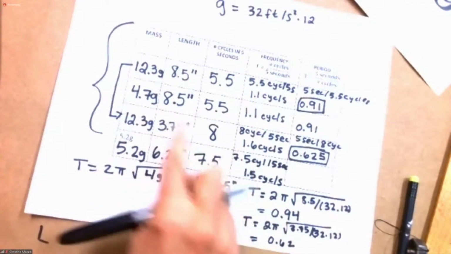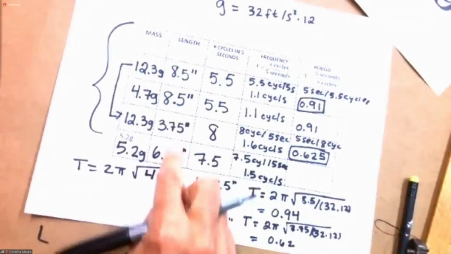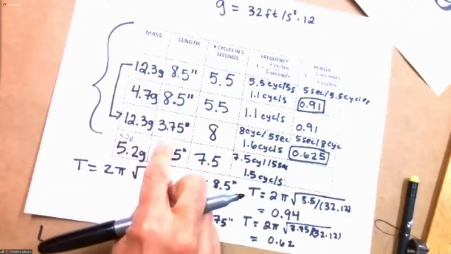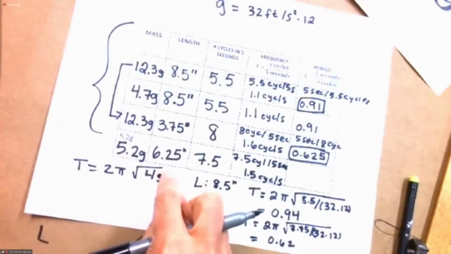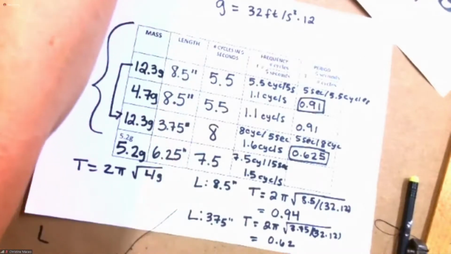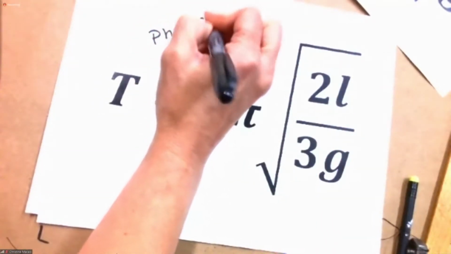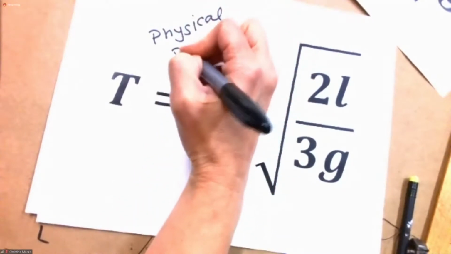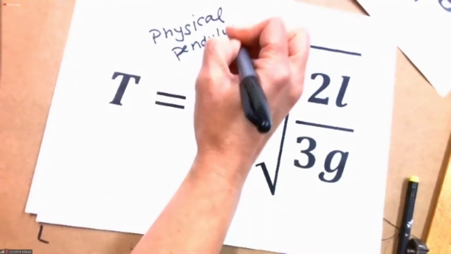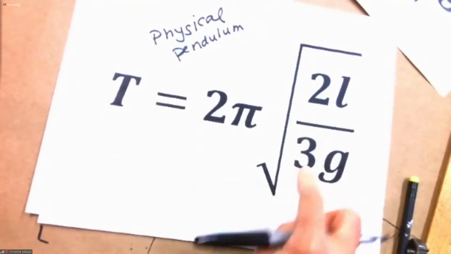And so I can see here that this probably does not follow the same rules as the bob pendulum that we looked at first. There's got to be something going on in here with it. And that is actually true. There's rotational inertia and rotational motion going on in here. So for a physical pendulum, and you could do the same kind of trigonometric analysis, the formula for the period isn't just 2π√(L/g), it's 2π√(2L/3g).